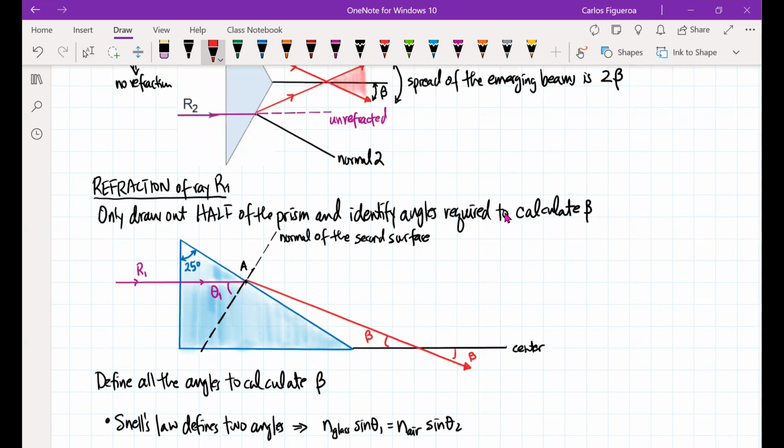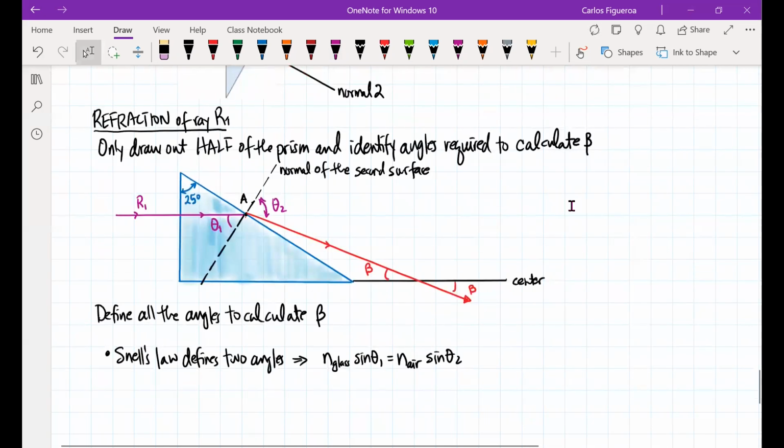So our job is to calculate what that angle is. And this angle right here is our refracted angle theta 2. So I've now defined two angles that's looking like that.